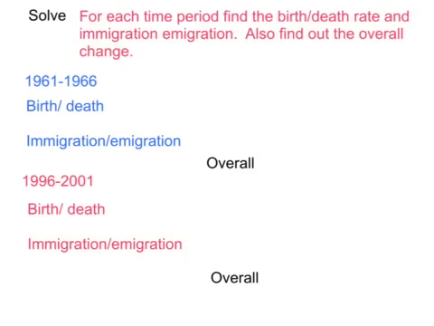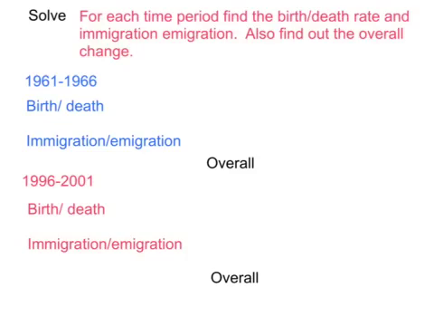I know I'm going to need that for the third question, so I'm going to try and find that right from the beginning. In order to do that, I'm going to compare or add the birth and death rate as well as the immigration and emigration for each of the time periods. So let's actually do that math.